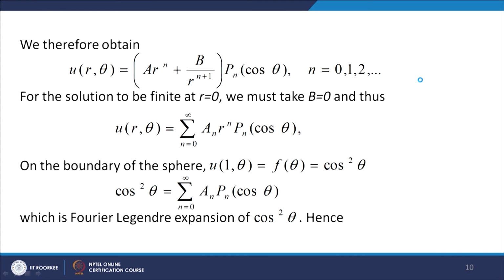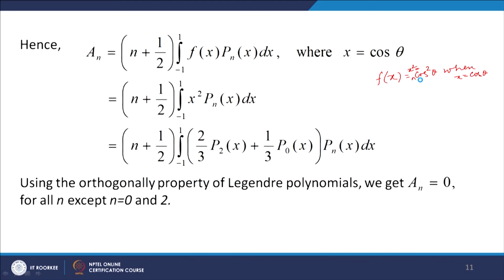Now, here in place of x we have cos theta, so we need to write the corresponding formula in terms of x. So, a_n is (n + 1/2) integral from -1 to 1 of x square P_n(x) dx. Now we remember that in the case of Legendre polynomials, P_0(x) is equal to 1, while P_2(x) is 1/2 (3x square minus 1).